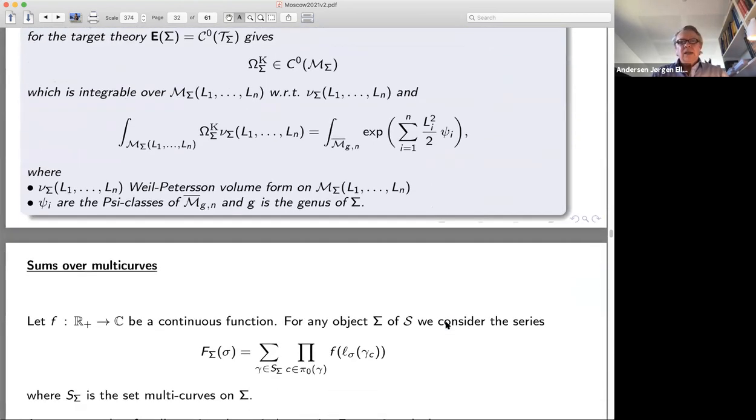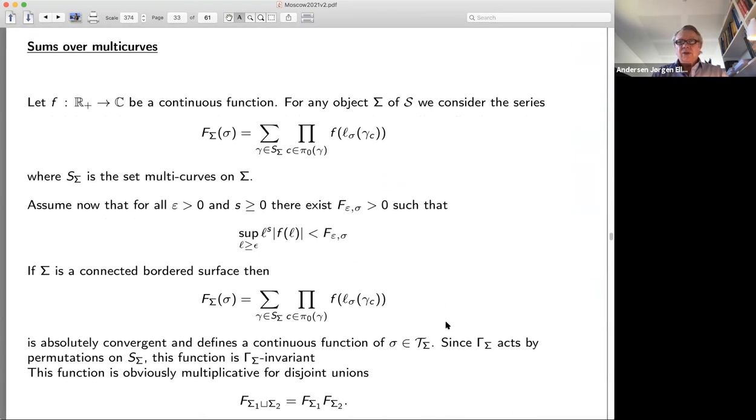Now let's see some more interesting functions on Teichmüller space we can obtain. Let's come back to summing over multicurves. Let's assume that f is some continuous function, and we will assume some fast decay very soon. What we do is consider all multicurves on the surface, so disjoint unions of simple closed curves up to isotopy.